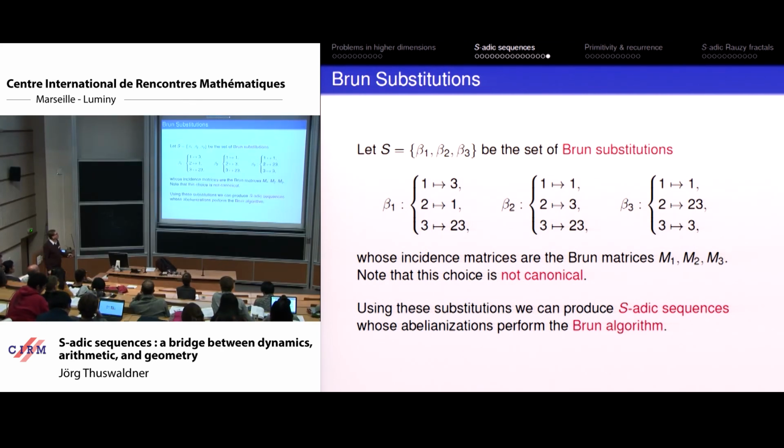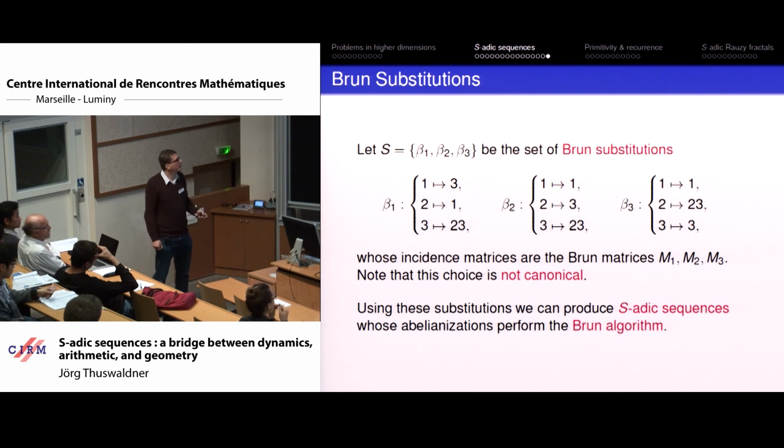These are three substitutions whose incidence matrices are just the matrices M1, M2, and M3. Of course, there is no canonical way to associate substitutions to a continued fraction algorithm. We just choose this one, and we have another system of substitutions with which we create S-adic words that can be studied.